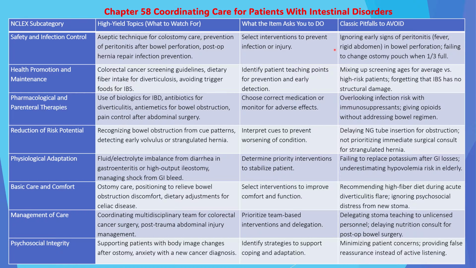So this would be like a case study, in case you get one, and the patient will have the signs and you observe the signs. So you need to know the classic pitfalls to avoid. In bowel perforation, like failing to change the ostomy pouch when it's one-third full.